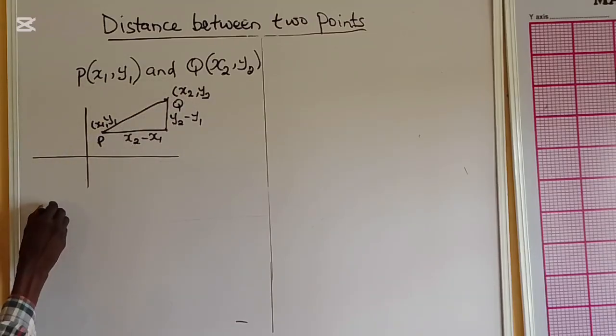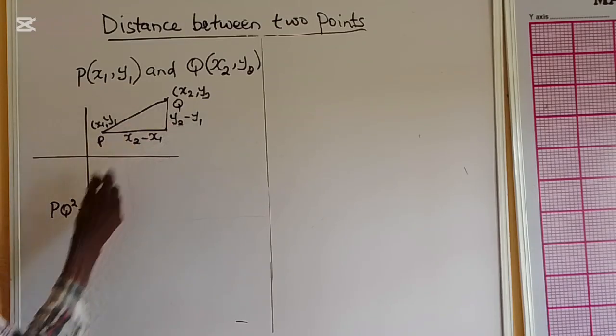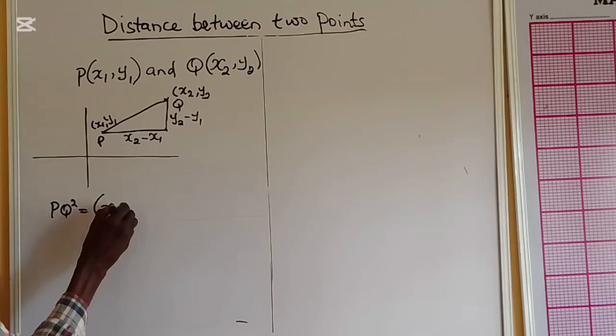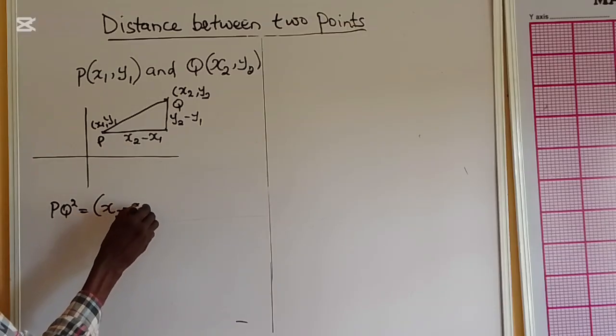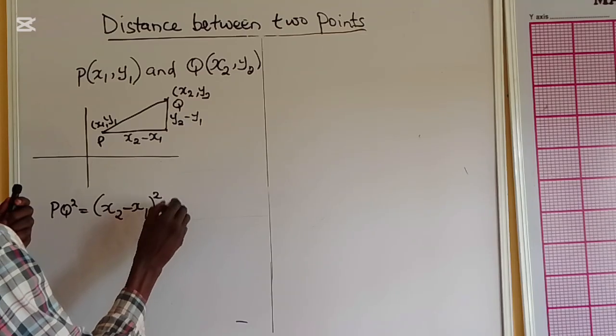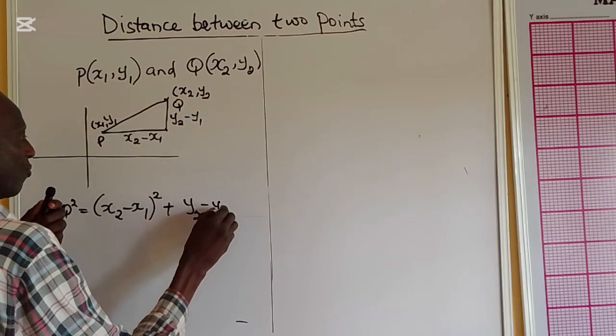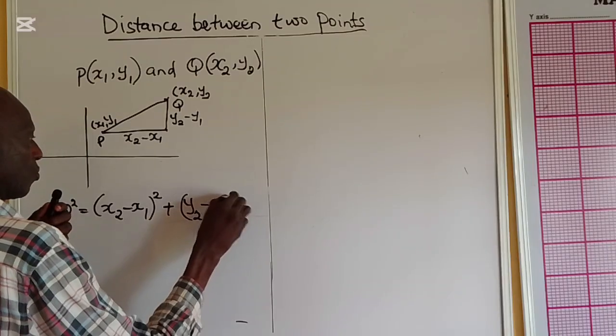I will now say PQ squared is equal to x2 minus x1 all squared, plus y2 minus y1 all squared.